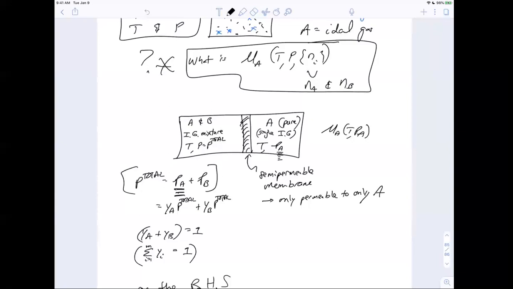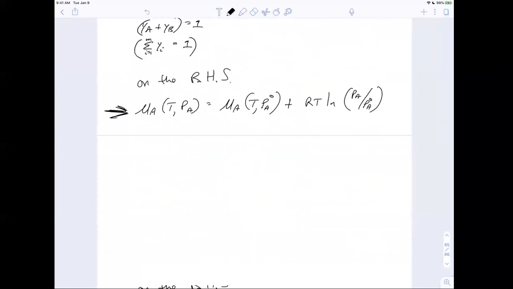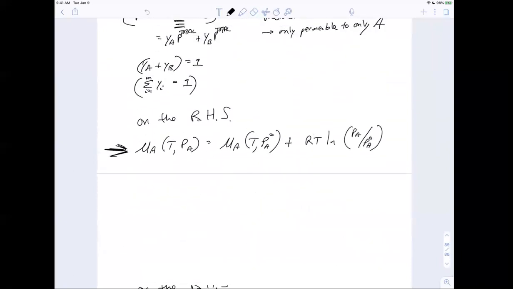Okay, so that's why that result was such an important result about the chemical potential, that mu A on the right-hand side at T and P A must equal mu A on the left-hand side at T and, of course, P total.